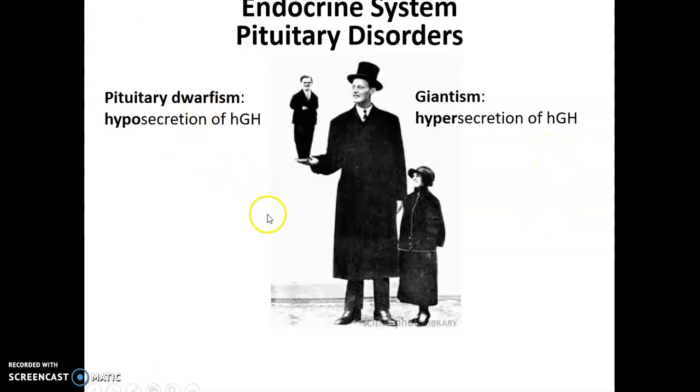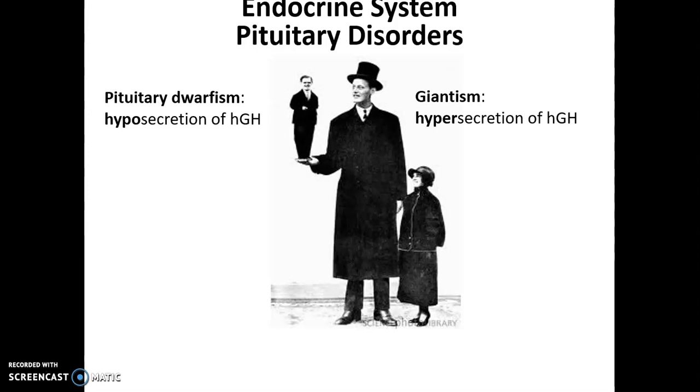All right, so pituitary dwarfism. This occurs in people who have a hyposecretion of human growth hormone, so low levels of production of human growth hormone. People with pituitary dwarfism have a body that is significantly shorter than expected, but all of their body parts are to scale.